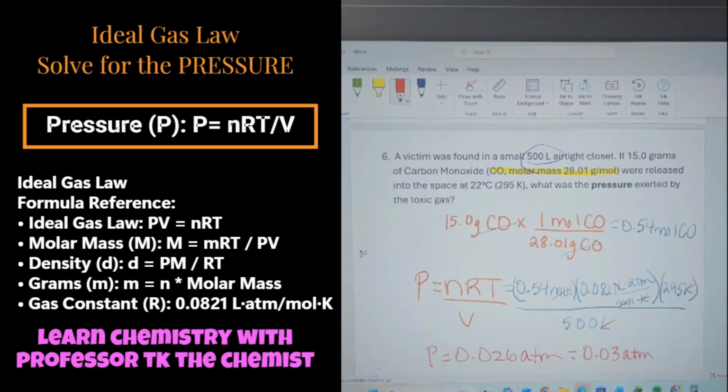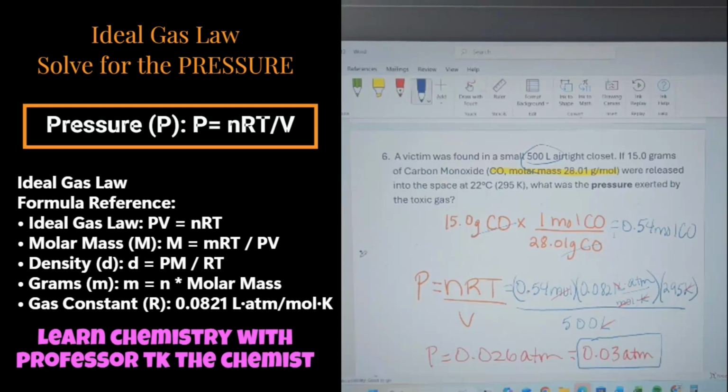I want to make sure that I am honoring what we do in chemistry each and every time, because I know that so many professors are sticklers like I am for the sig figs. So your answer here is 0.03 ATM.